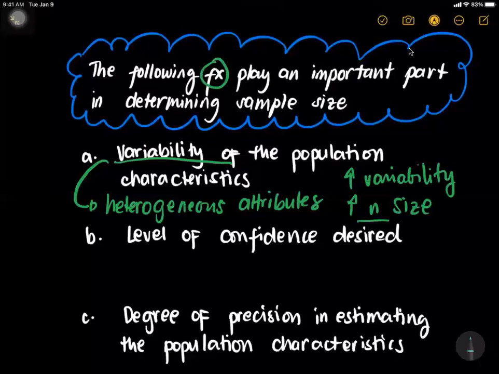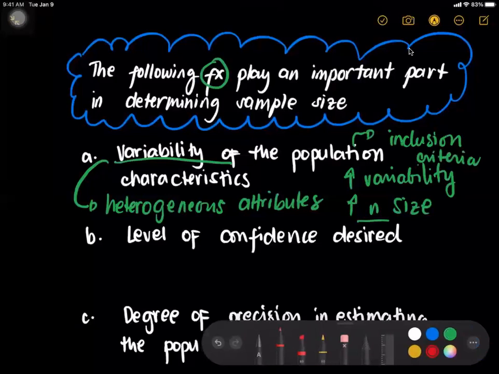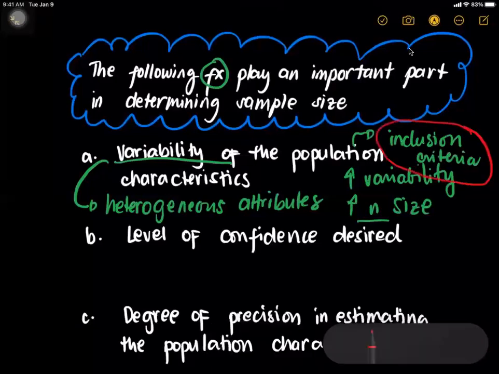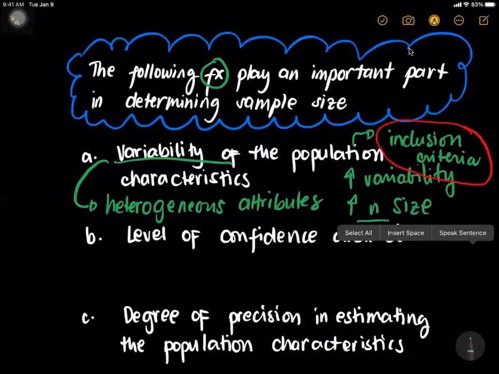Okay, but of course, here I just like to add, in the variability of population characteristics, you might also consider, okay, we don't have a space, but I'll just put it here. Your inclusion criteria. Okay, your inclusion criteria class. This is also very significant because your inclusion criteria is like a list of characteristics or list of qualities that you set in selecting your sample.